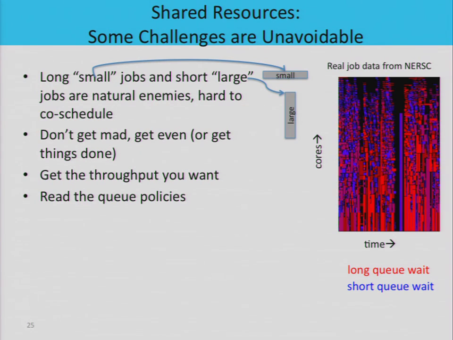In shared resources, long, small jobs and short, large jobs are natural enemies. This is a particular graph from NERSC where you can see the number of cores as a function of the time and their scheduling. I don't know if any of you have worked on the optimization of fitting these different jobs into a shared resource. I just look at that and I go, man, that's pretty cool and it's complex, and I understand why they have the policies they have.